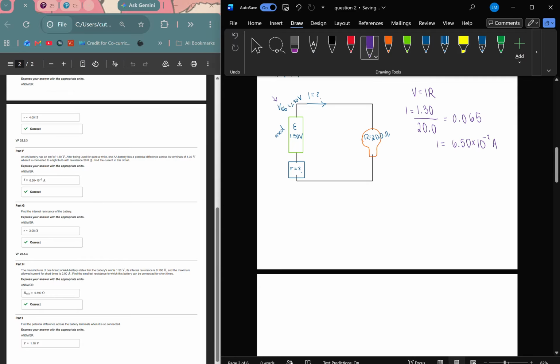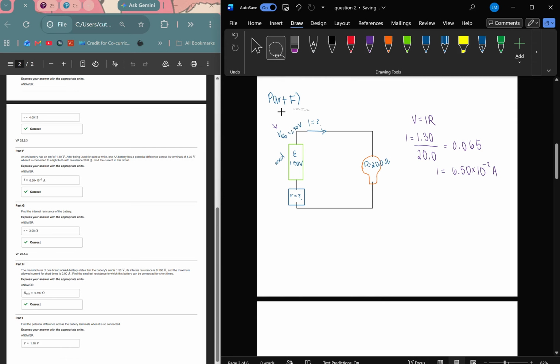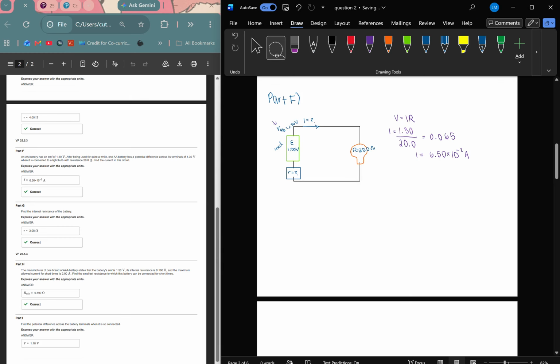So now, let me make this smaller so I can use this diagram for the next question. Okay. Part G is to find the internal resistance of the battery, which is the small r that we put a question mark on because we didn't know. And I'm going to take the question mark off the I because we know the current now.